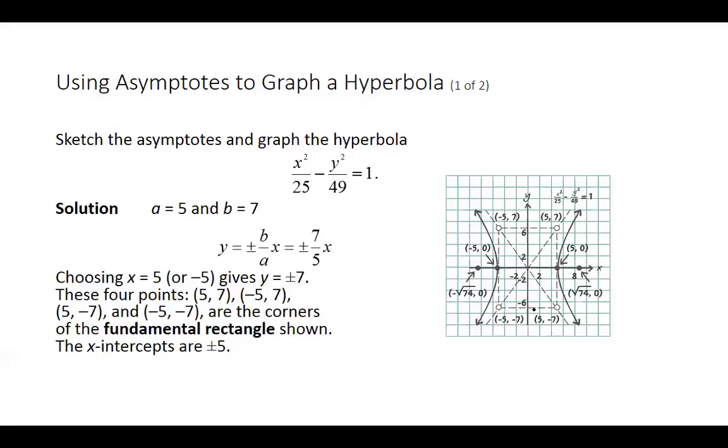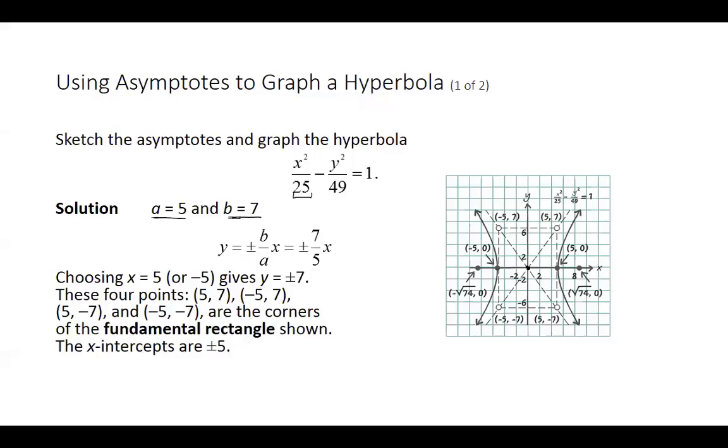So basically to graph this, you would know the center is at (0, 0). You start from this point right here, and move 5 units and 7 units, where b is 7 and a is 5. So you move 5 units on the x-axis, 5 to the right and 5 to the left, because this is 25.